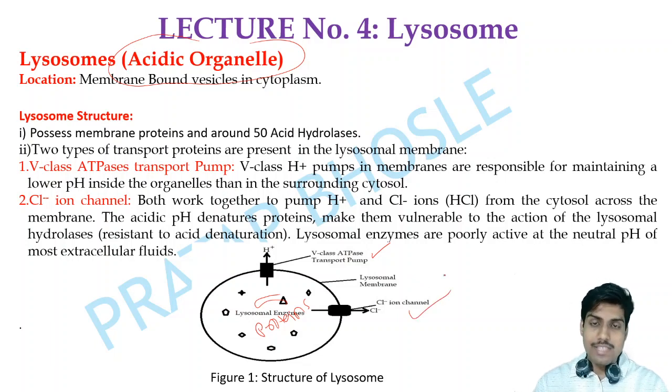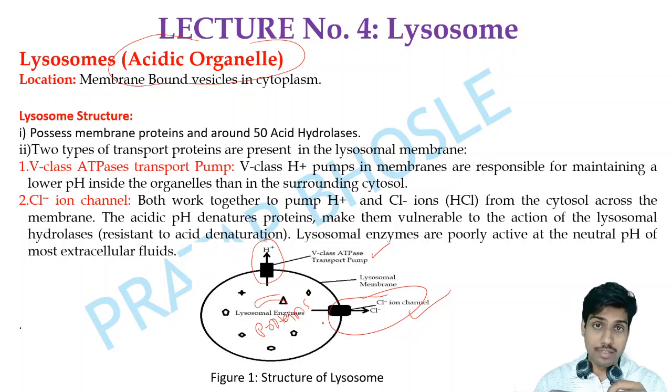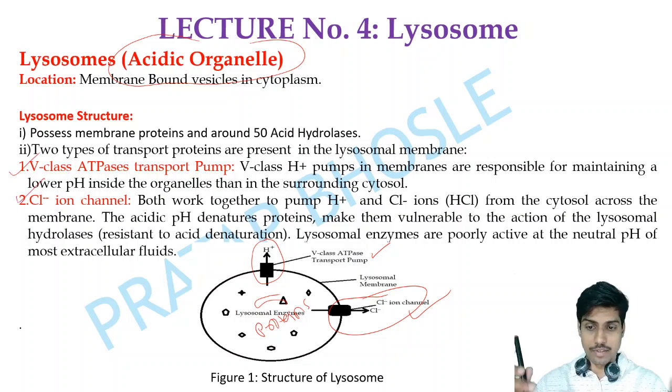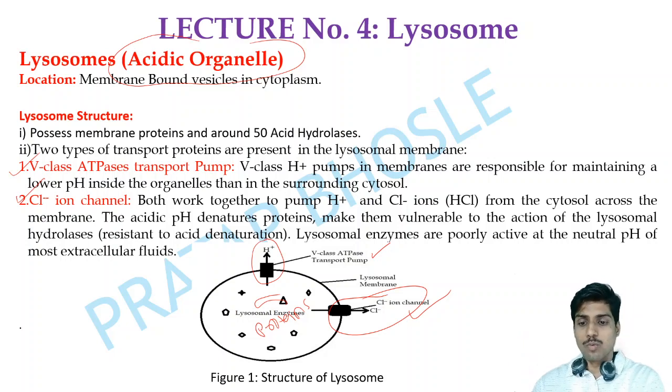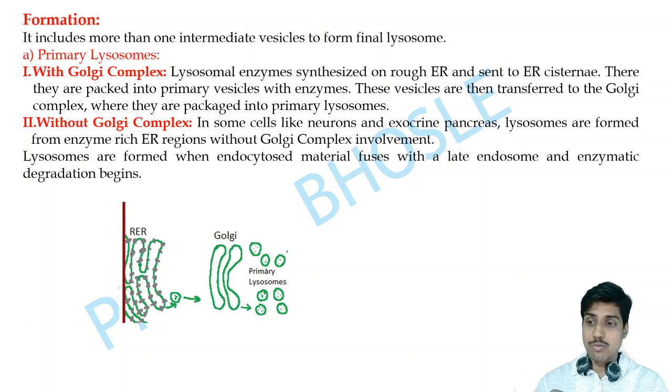The V class proton pump maintains the pH, the acidity, inside the lysosome, and the chloride ion channel maintains the chloride ion concentration inside the lysosome. So these are the two types of pumps or channels on the lysosome membrane. There are almost 50 acid hydrolases and other types of proteins inside the lysosome. So this is about the lysosome structure.